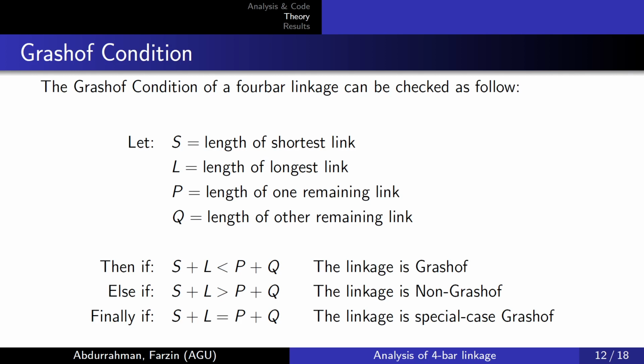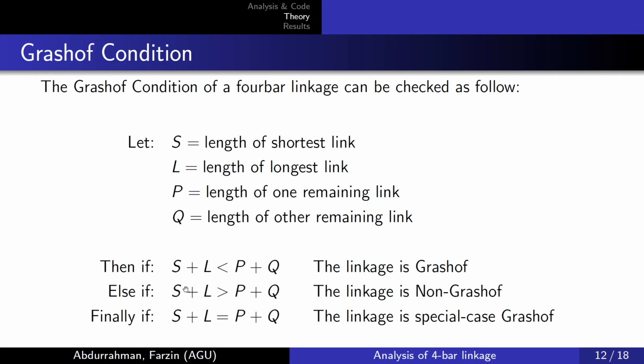So going back here, the first thing that we'd like to check, and that is important for a four-bar linkage, is its Grashof condition. Given S being the shortest length and L being the longest length, with P and Q being the two other lengths, if S plus L is less than P plus Q, then it is a Grashof, which means that at least one of the lengths is able to have a full rotation.